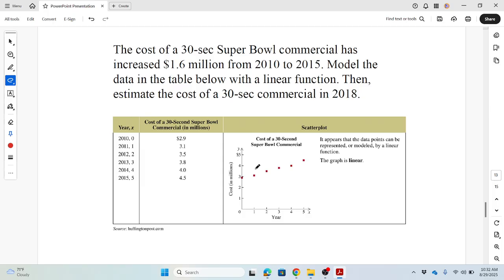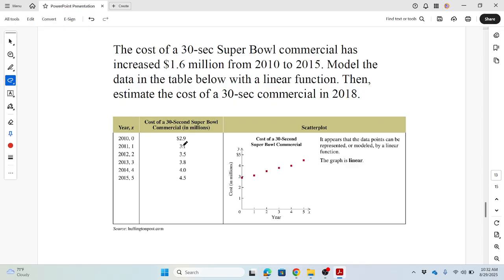This is the data on the cost of a 30-second Super Bowl commercial from 2010 to 2015. For 2010, the value of x we assume starts with 0. 0 means 2010, 1 means 2011, 2 means 2012, 3 means 2013, and so on.